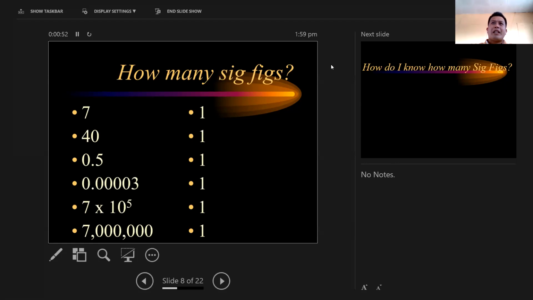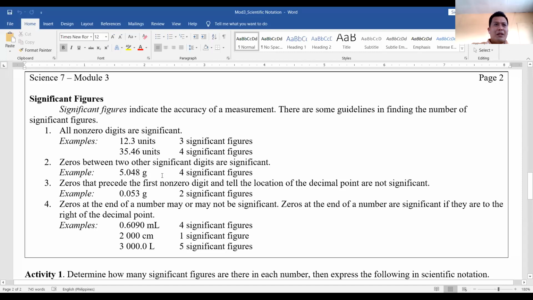Okay? So let's proceed with rule number 2. What is rule number 2 then? Rule number 2, zeros between two other significant digits are significant. If you have a 0 in between the non-zeros, then that 0 is significant. Okay?